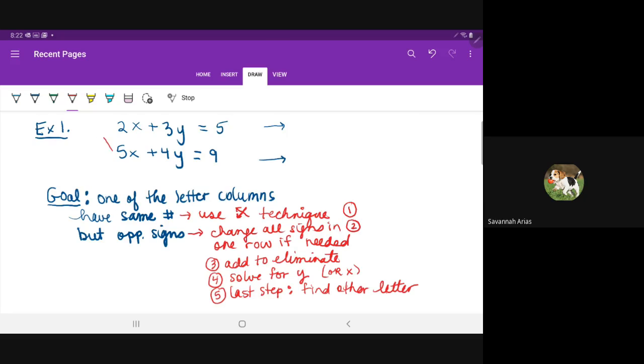Up here, down here. Now in step 1, I'm going to write something just to the right of step 1: only positives. If 2 or 5 were negative, I would still just do positive.